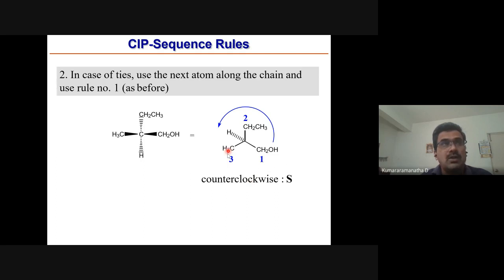It is in a counterclockwise direction, so it is S. So this is the second rule. Even if you might be aware of this kind of rule, I mention it because if there is any tie, like if both the atoms are the same, then we go for the second atom.